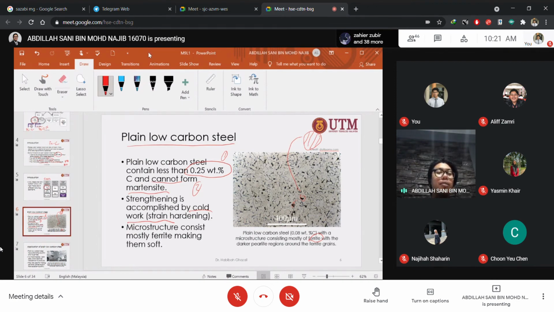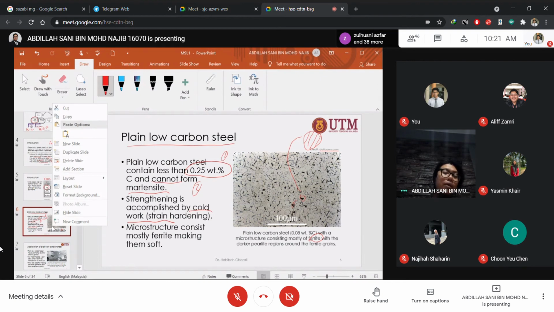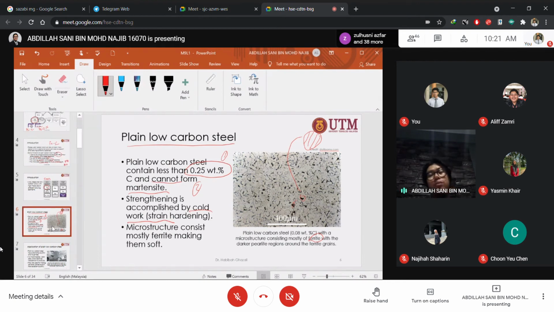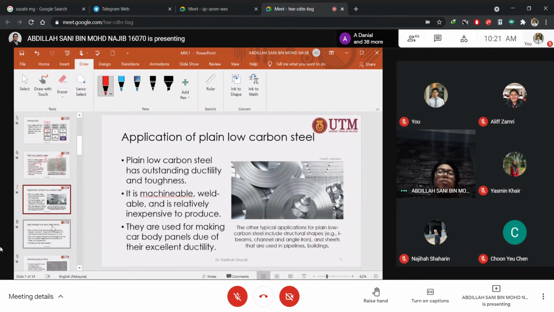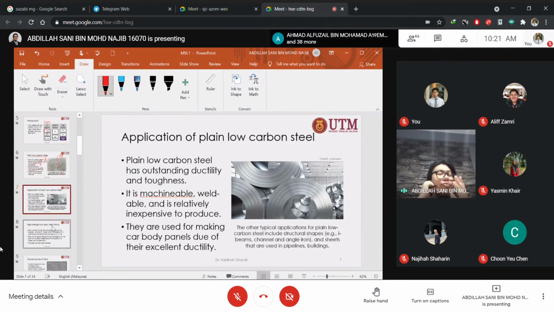So that is plain low carbon steel. If you have high strength, such as from precipitate hardening or martensite, definitely the ductility will be low.